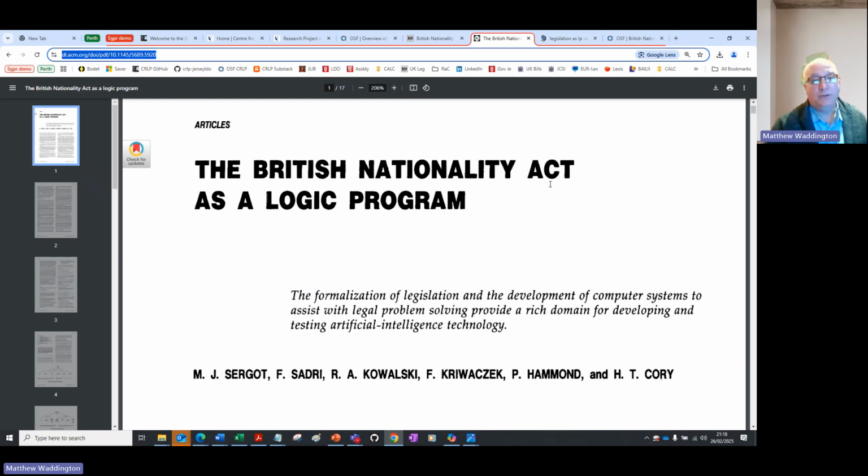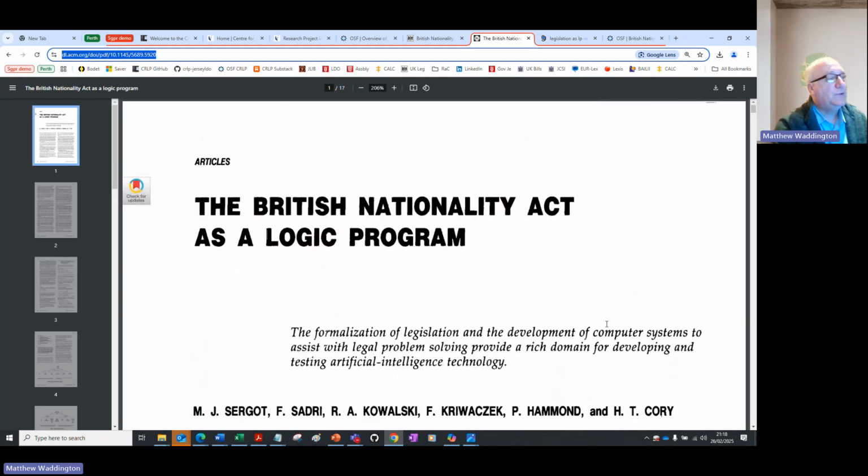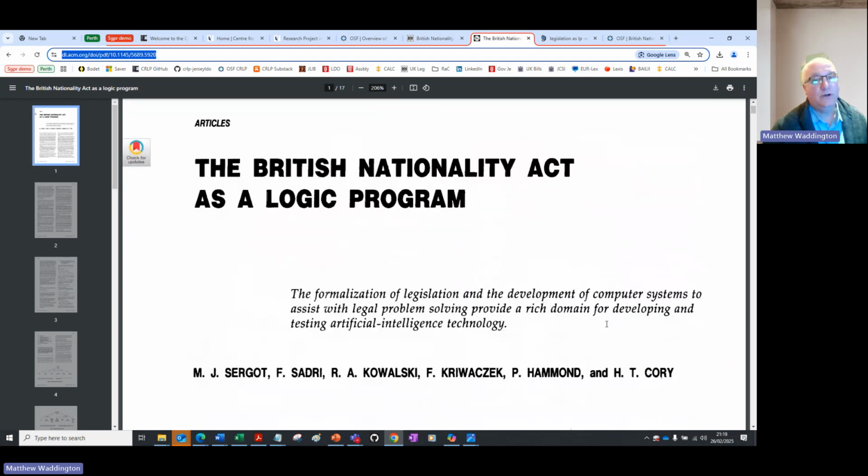Rules as Code world's equivalent of Hello World, in that this paper back in May 1986 was the first time that somebody had used a logic declarative programming language, in this case Prolog, to analyze and encode a piece of legislation.